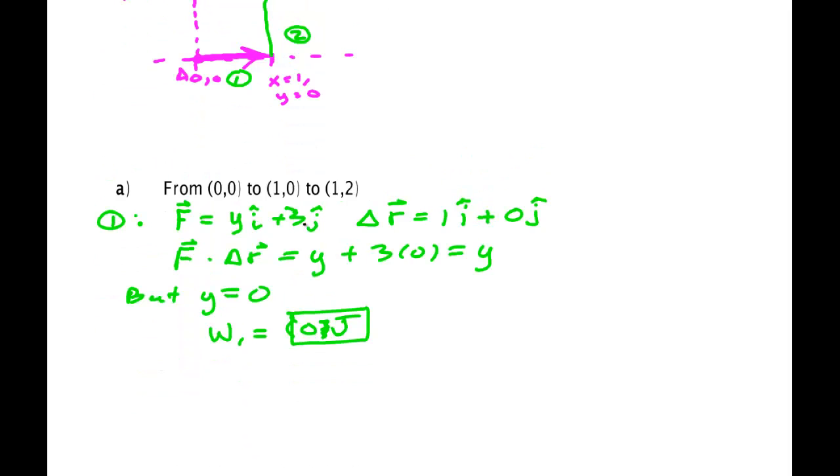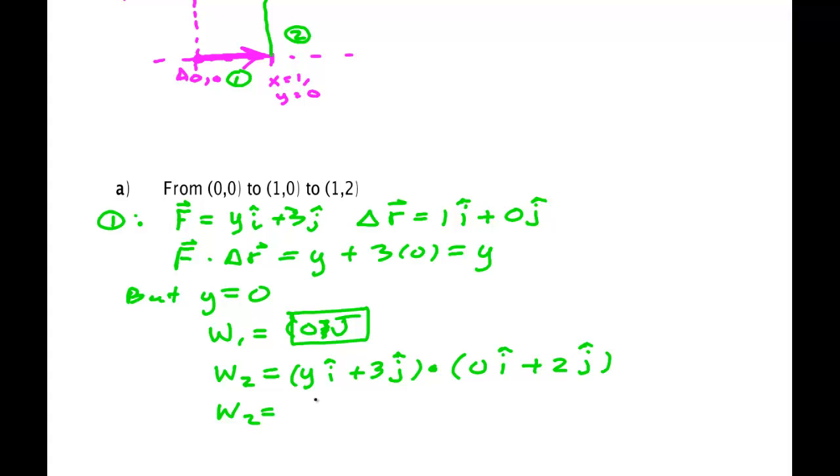So in W2, we have the force again, which is y i hat plus 3 j hat. But this time we're dotting it with the displacement. We don't change x, but we change y by 2 units.